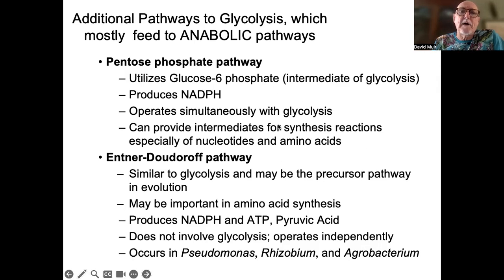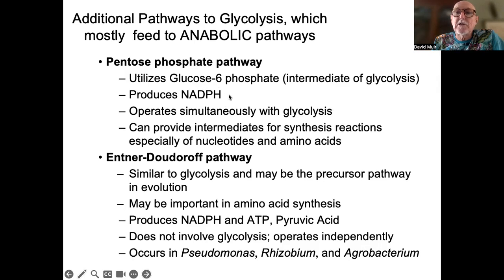One important thing about them, and one thing that makes us think that they're relatively primitive pathways, is that they produce not NADH, but NADPH. NADPH is most commonly produced in plants, but not exclusively in photosynthetic organisms. I keep saying plants, and I mean to say photosynthetic organisms.